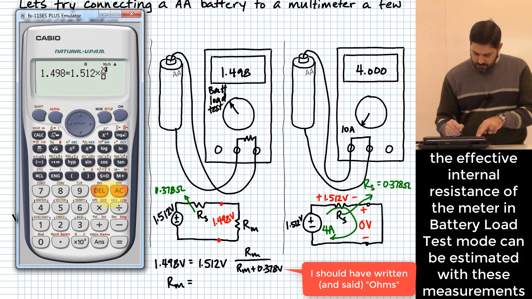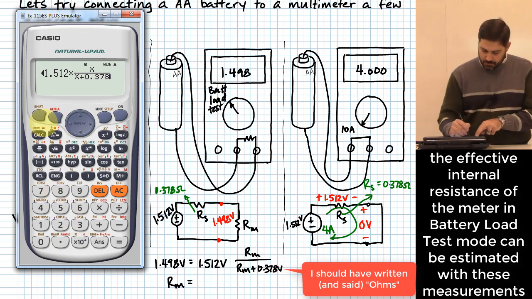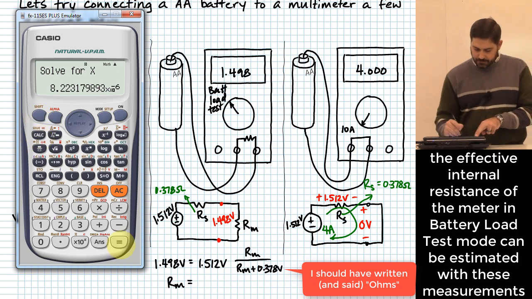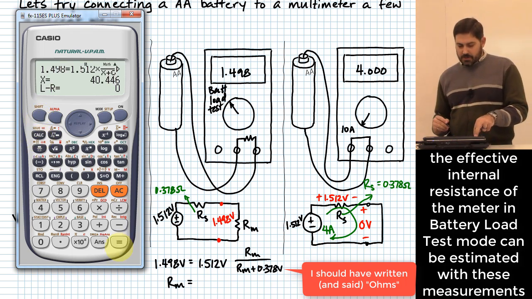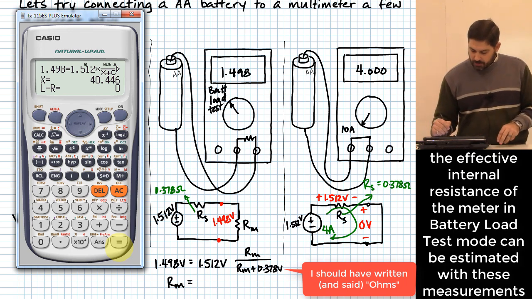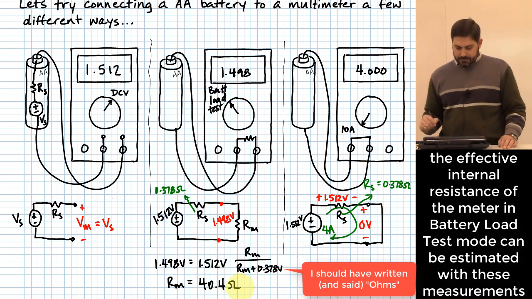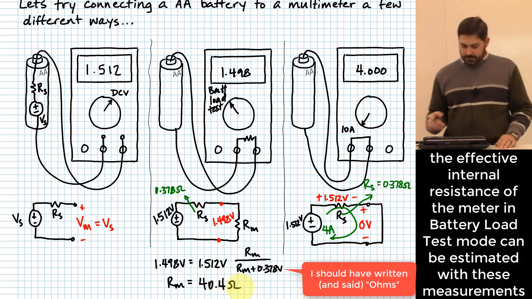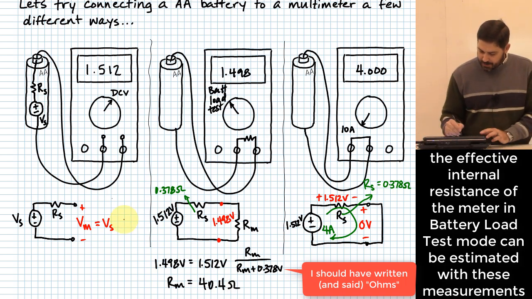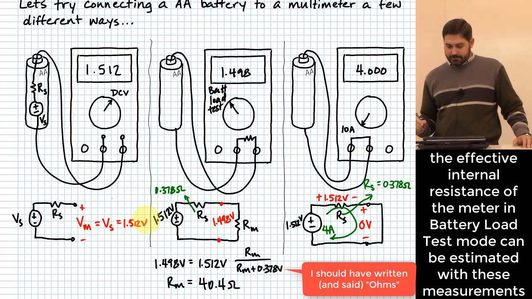X over X plus 0.378. What I should have done the first time was hit Shift Solve and then equals. So maybe something like 40.4 ohms or so. And just to reiterate, the VS I found in the first place was 1.512 volts, which I used in my subsequent steps.